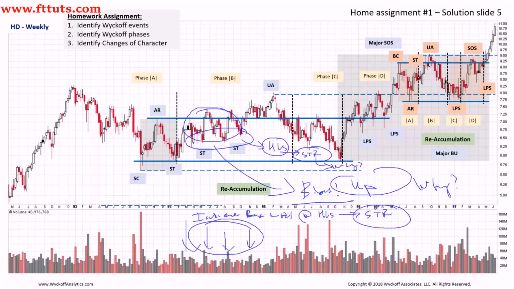This suggests strength. And even though phase C actually violates those lows, it just gives us an indication that whatever institutions bought on those lows, they are in the vicinity of those large institutions that were biased on the way down right here and here.